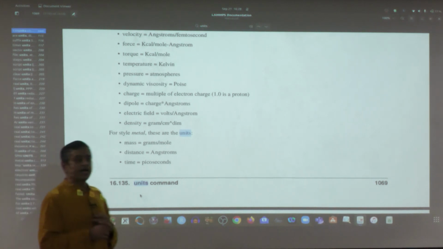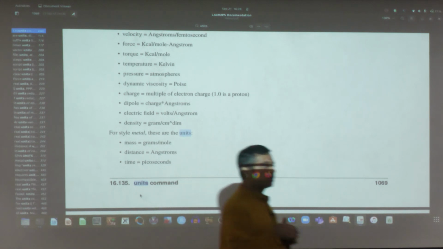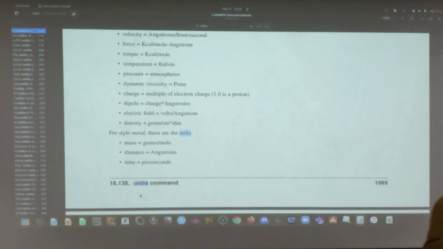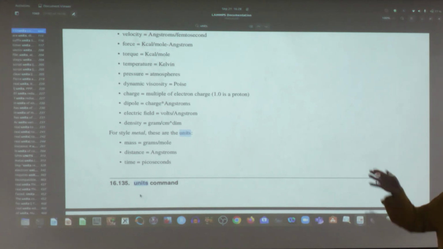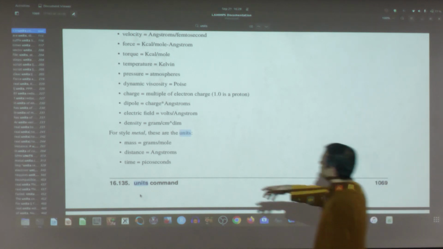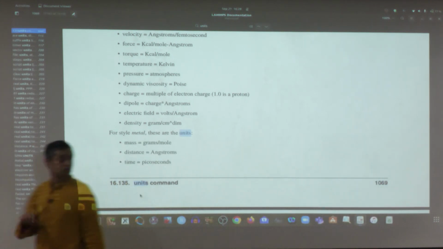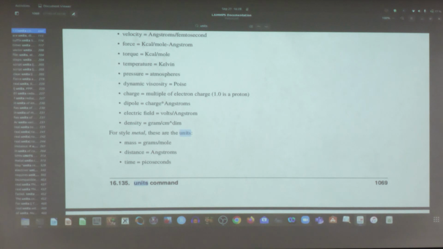And yesterday we had this discussion: for integration, what should be the time scale? Femto. So you should use a time step of 0.001 for the integration, because this is the time scale used in the metal units. So it is important to do that.